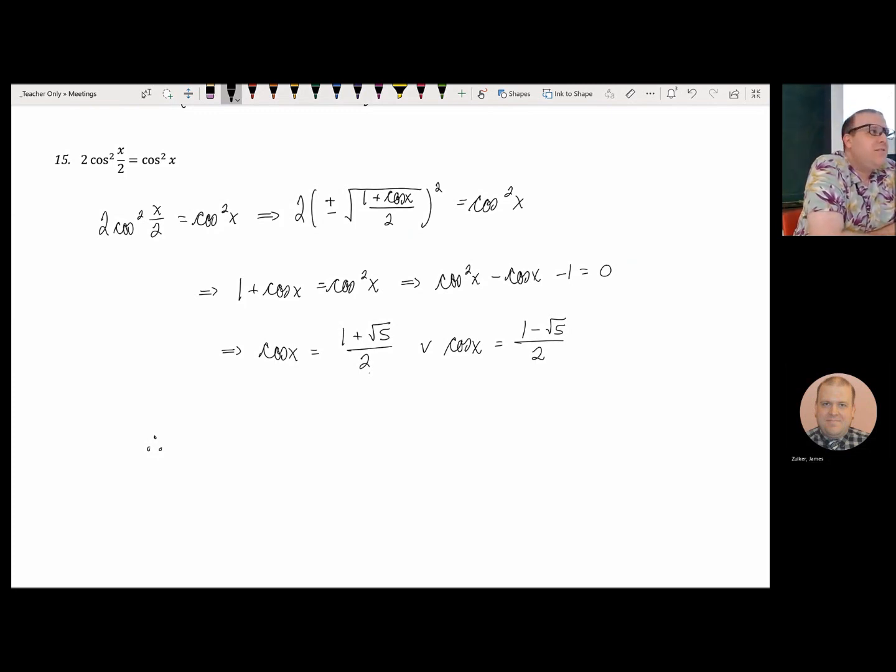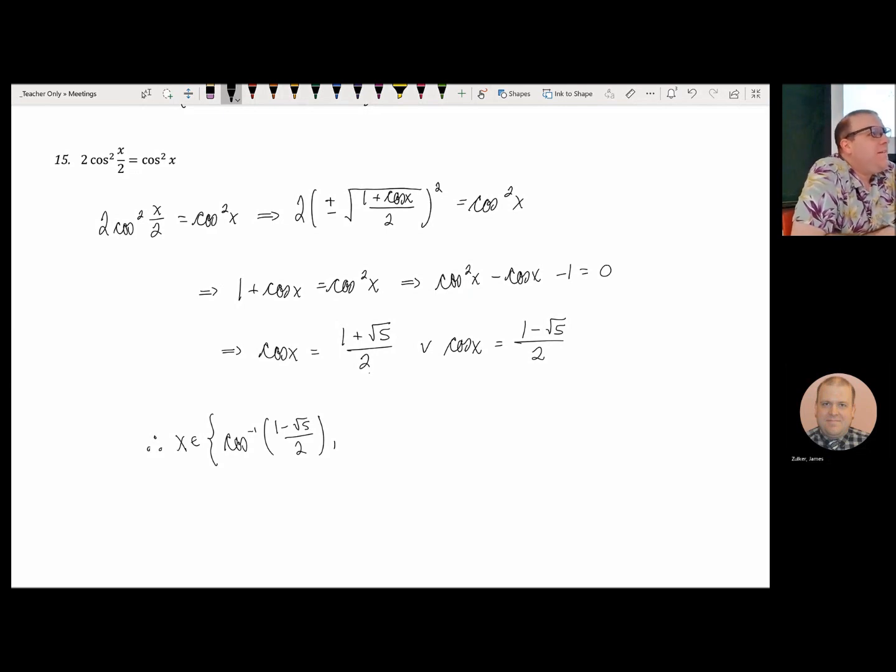Really? Wait, no, wait, wait. What's the range of inverse cosine? 0 to pi. So the inverse cosine does give you a value between 0 and 2 pi.